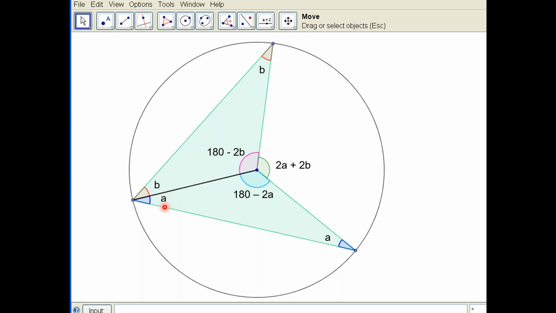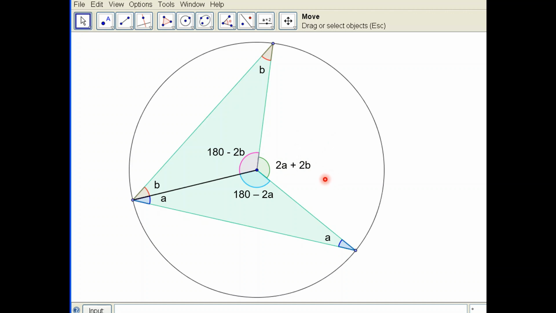So look at something. We have B and A. If we add A and B, we are going to have A plus B, right? Do you get it? A plus B. Now, to obtain this angle, what is it going to be? It's going to be 2 times A plus B. Now, 2 times A plus B is just 2A plus 2B.